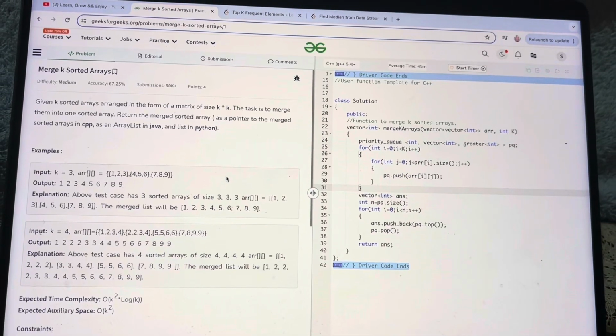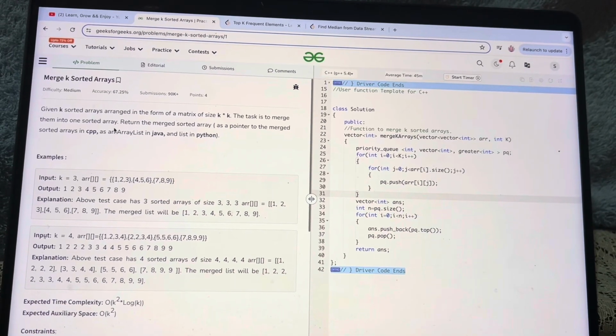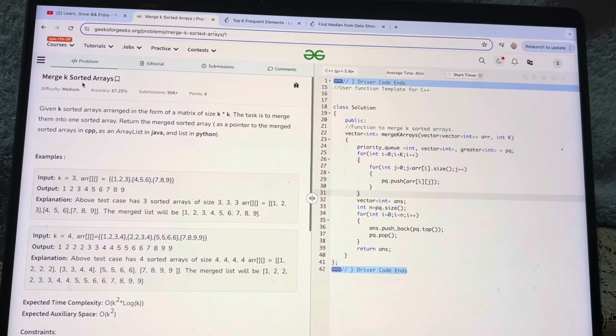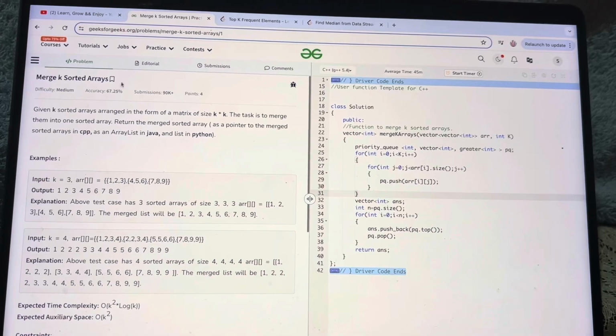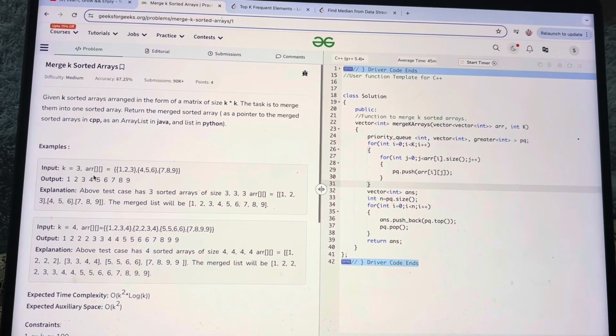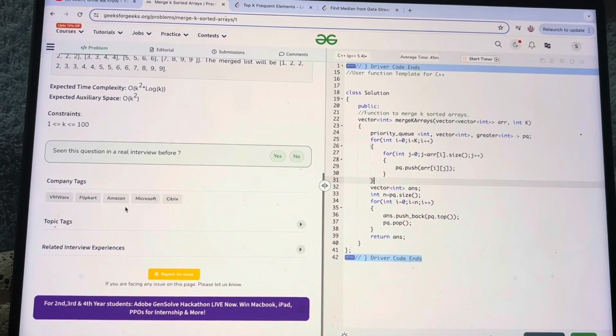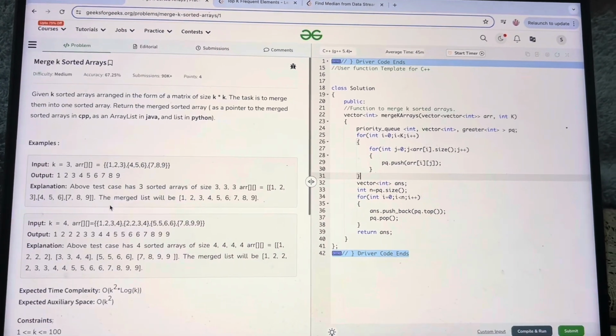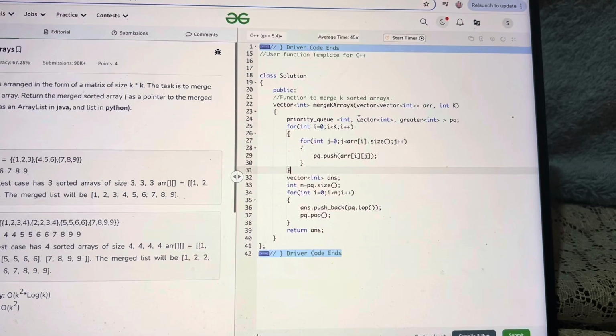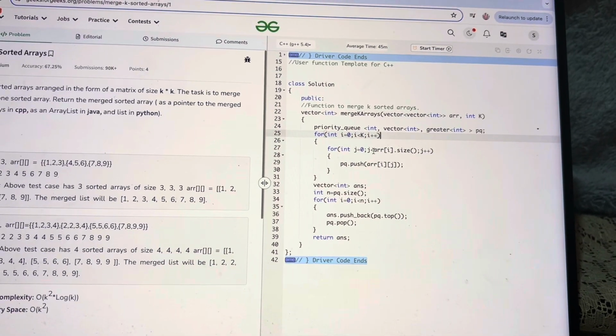Here is the code walkthrough of the 54th question and the second question of heap data structure, merge k sorted arrays on the GeeksforGeeks platform. You can see this example which we have discussed, and you can see the companies that have asked this question. So let's look at the solution. That's what we have coded here.